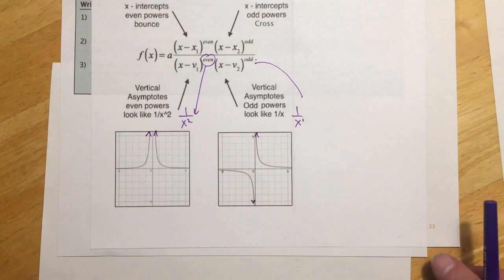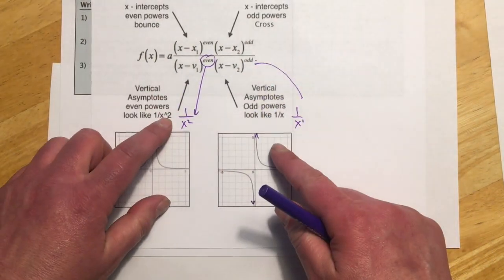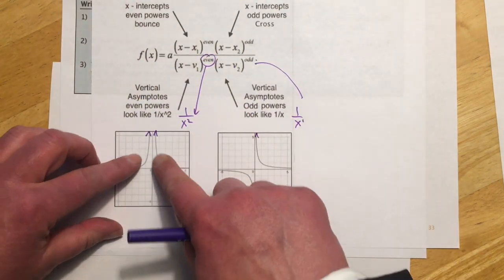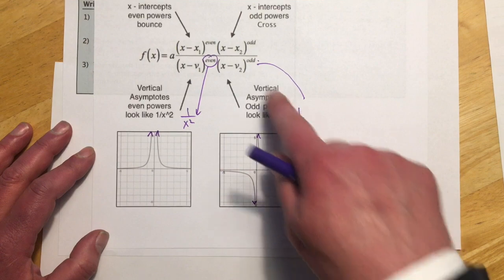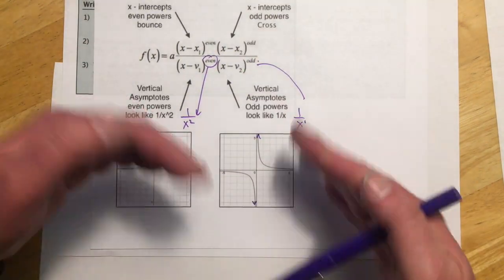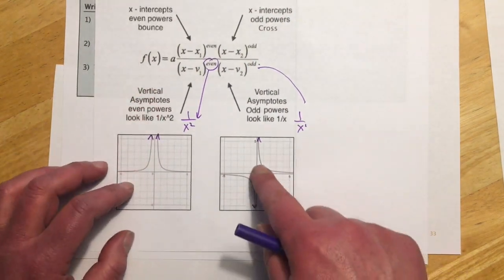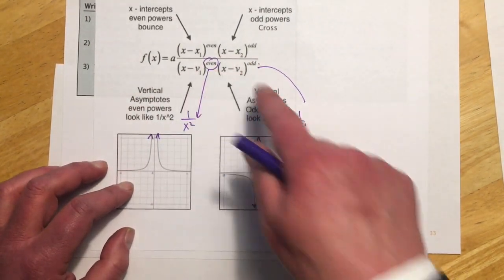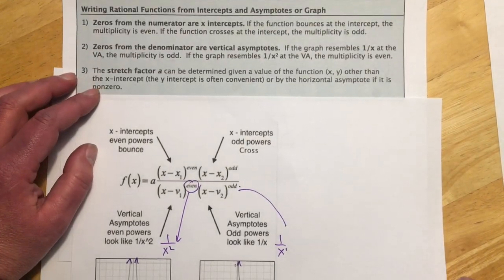In class, I always joke that this one's single, so they got a divorce. These two, there's two of them, they're married, they go off together forever. So the squared one's married; x to the first, or any odd one, that's divorced. They're heading their separate ways. That's what we're going to be able to tell based on those powers. The last thing is a stretch factor.